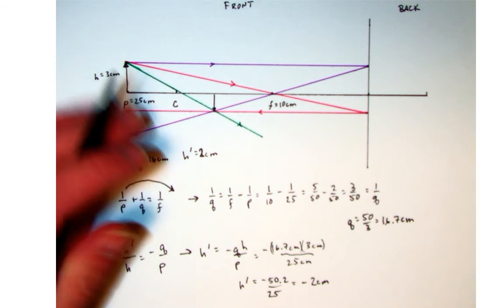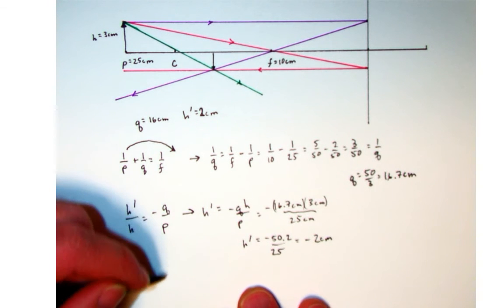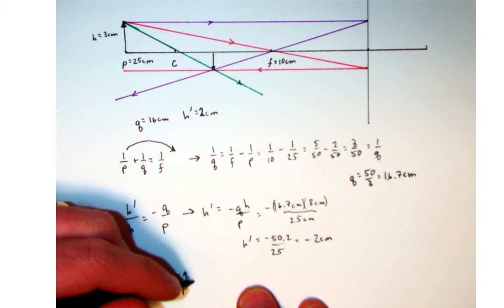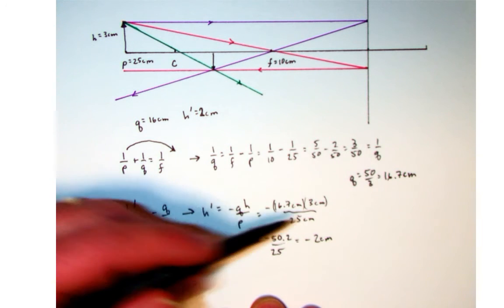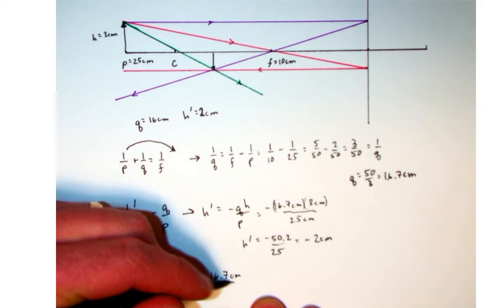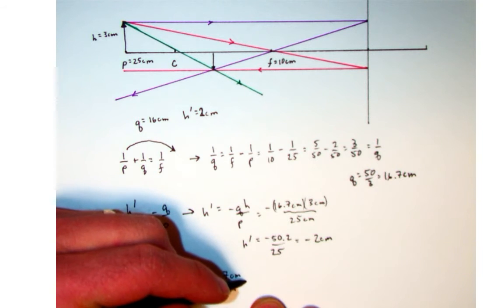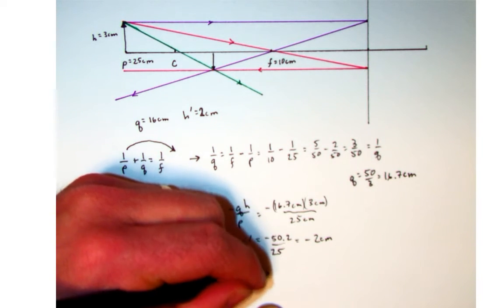And the last thing to do is then to find the magnification. Magnification equals negative q over p, and that is going to be negative q is negative 16.7, p is 25, and that's going to be approximately negative 0.67.